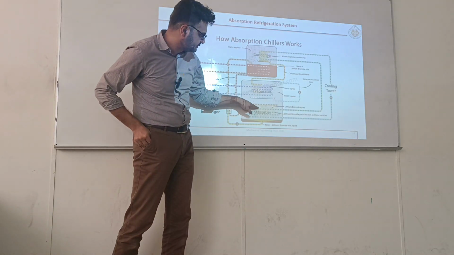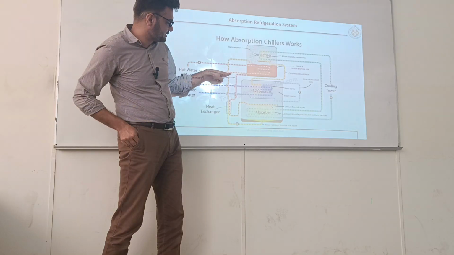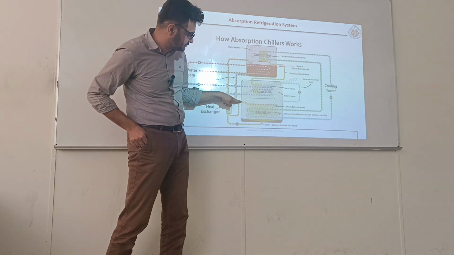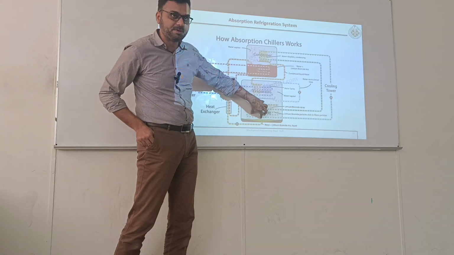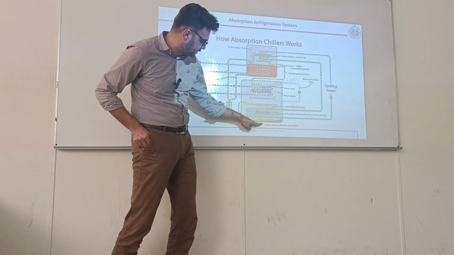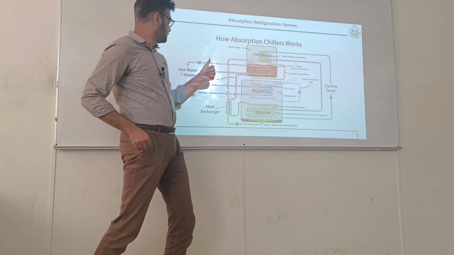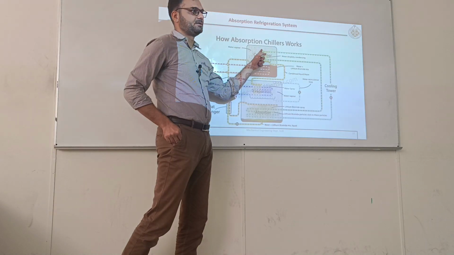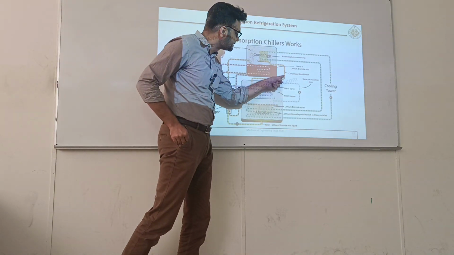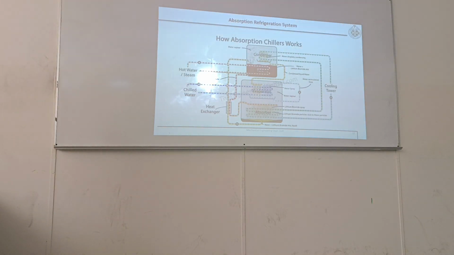Here you have the absorber, with absorbent fluid coming from the generator, the concentrated solution, this red part. Whatever vapor is there is absorbed here and becomes liquid. This liquid is pumped to the generator. In the generator, we are supplying heat. Only the refrigerant is evaporating. It is condensed here. This is the condensed refrigerant. So this is how the process occurs continuously.